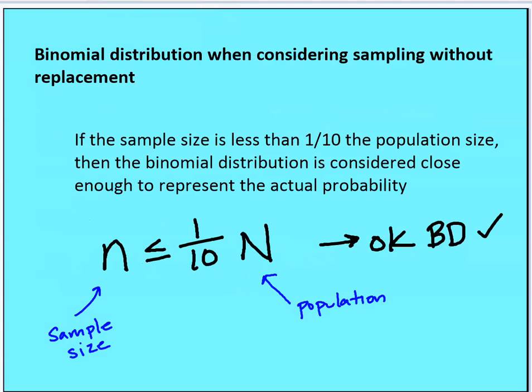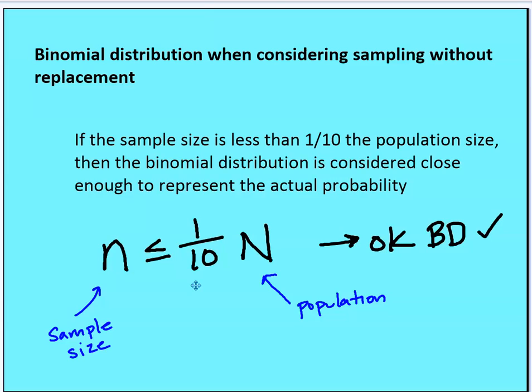All right, so binomial distribution when considering sampling without replacement. We have to be careful if the events are not independent. When we sample without replacement, we're creating some dependencies because we're removing from the base denominator value, and so we're changing the probability that the next person chosen will be a certain person.